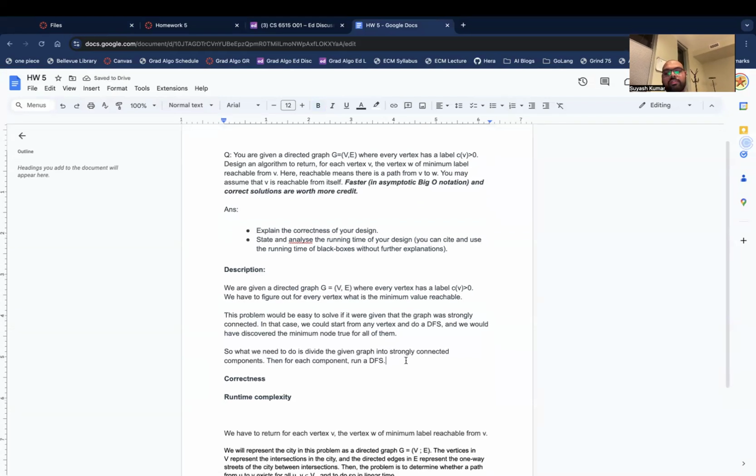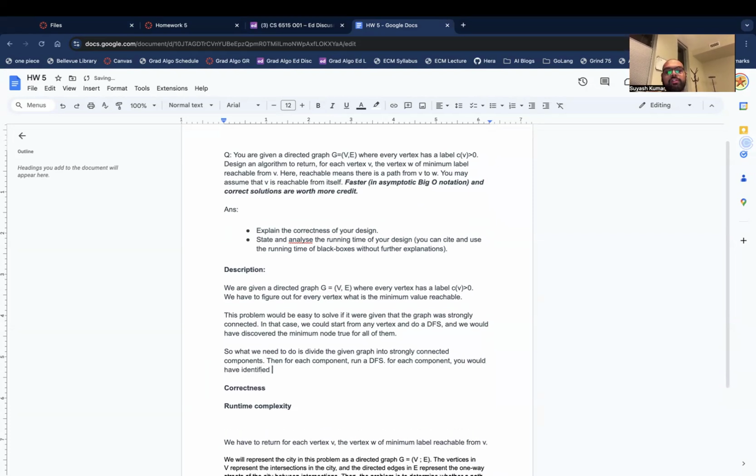Run a DFS. For each component, you would have identified the minimum value for that component.